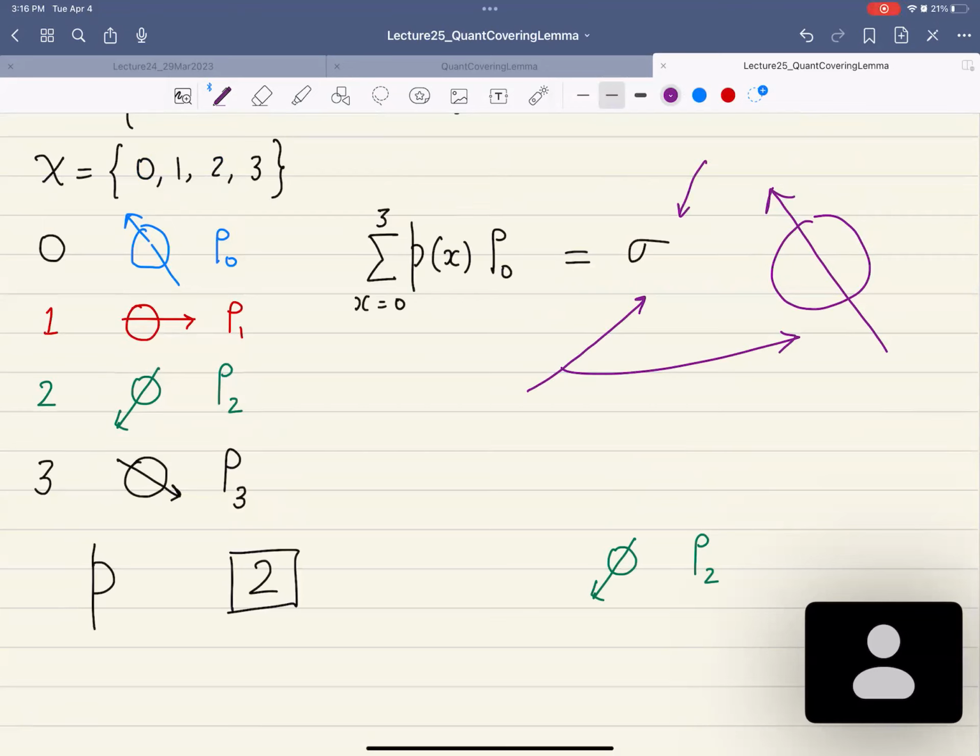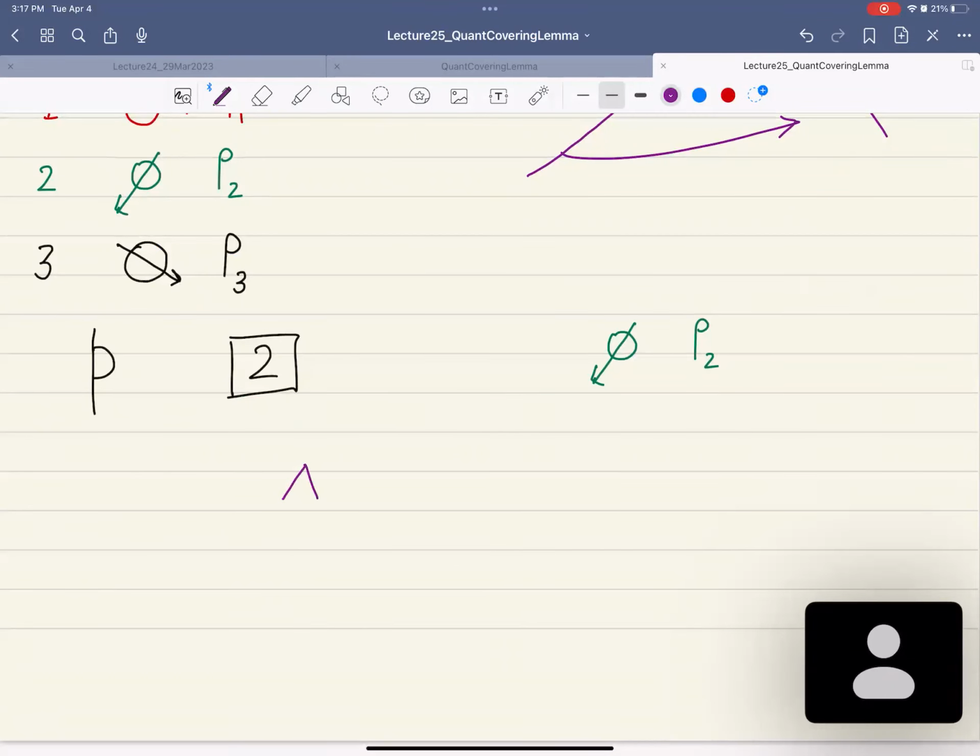But suppose he takes a measurement lambda k. He takes a measurement and asks, what is the probability? The fact that this is purple, don't get worried. Should have written it in black. So he takes a measurement lambda k, and he'll do the measurement on whichever quantum state I give him today.